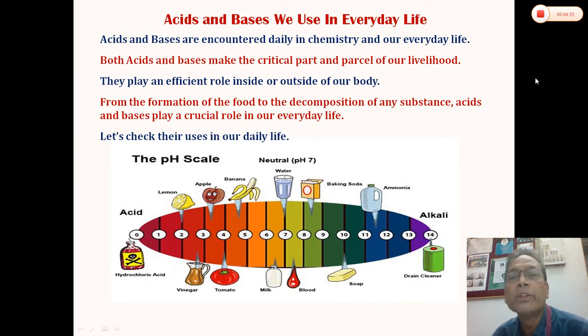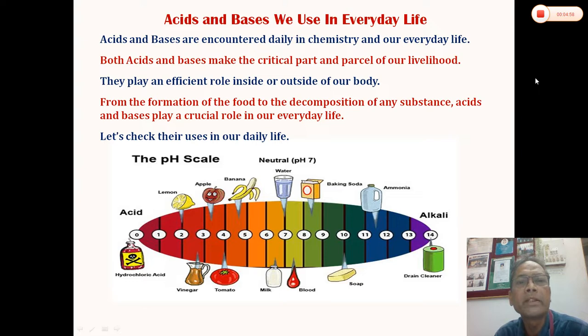Acids and bases we use in everyday life. In our everyday life, we are using compounds and chemicals which are mostly either acids or bases. Even when we are eating some food or taking some fruits, some fruits are acidic, some foods are alkaline. So acids and bases are encountered daily in chemistry and in our everyday life.